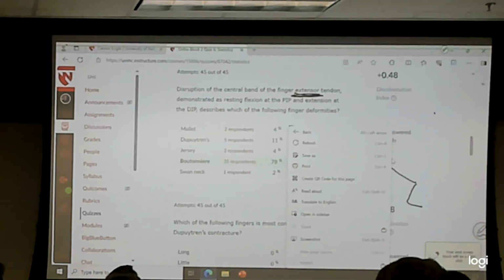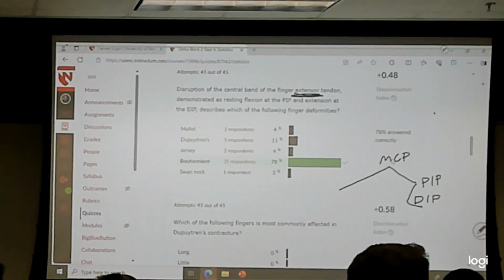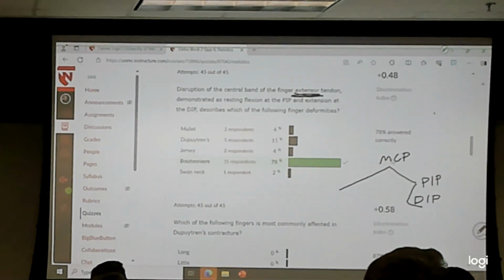I'm pushing that button. MCP. PIP. DIP. Okay. So I recommend a tactic like that when you guys are taking the test, so you can see which one it is based on my description.